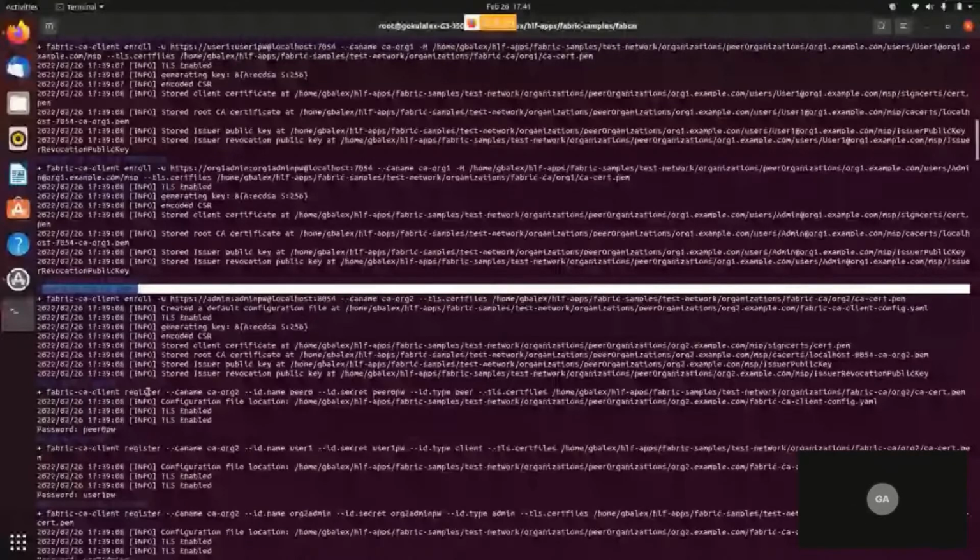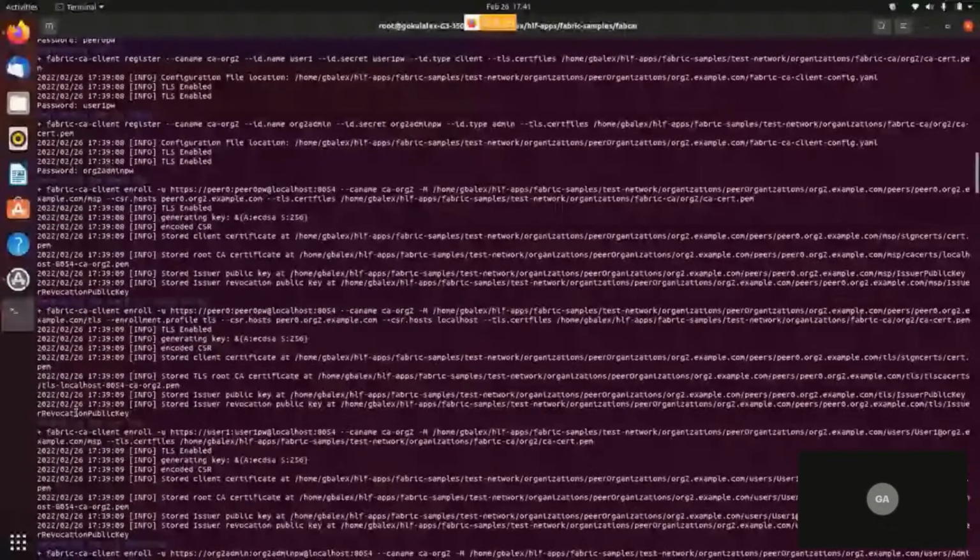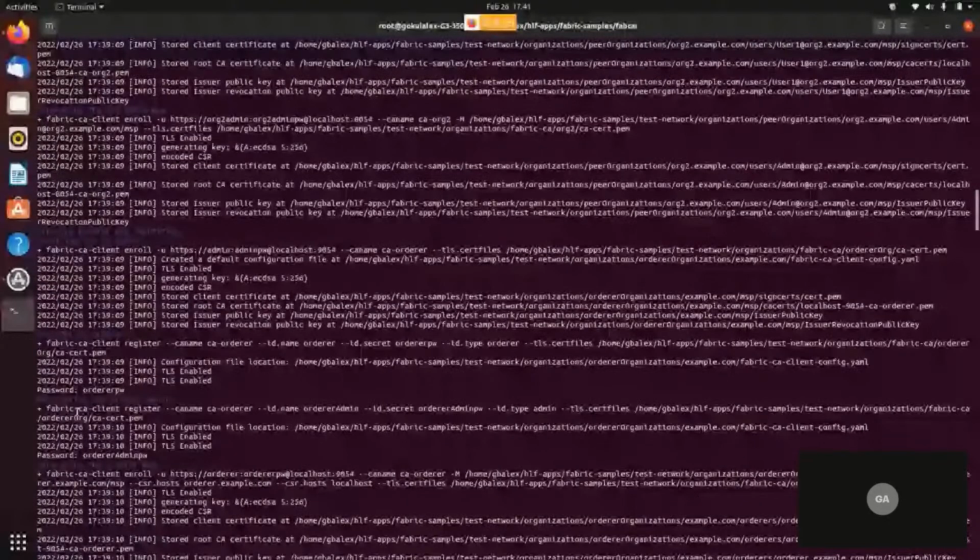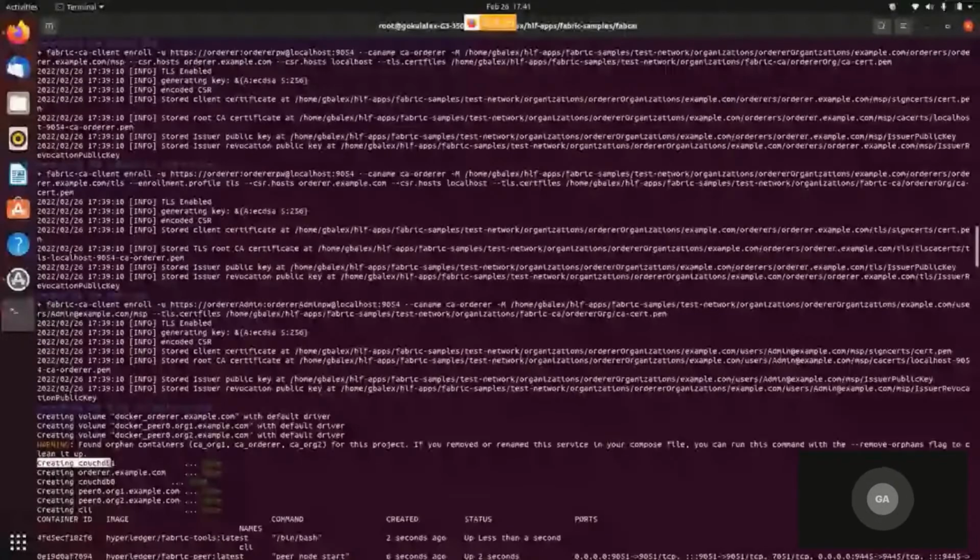Now the same steps are repeated for the second organization. Afterwards, what you're seeing is it is creating the peer state database, which is on CouchDB. For this particular network, the state database is on CouchDB.